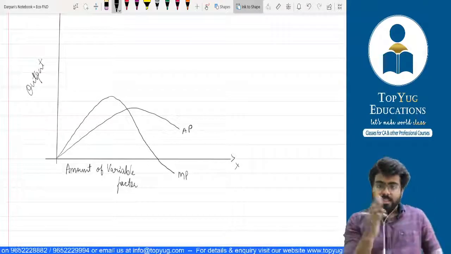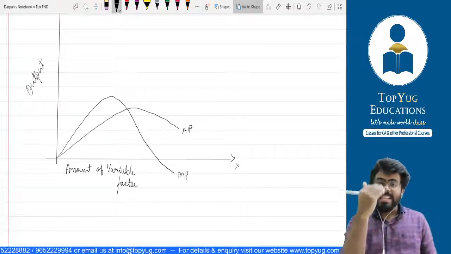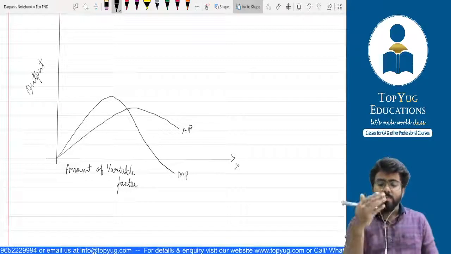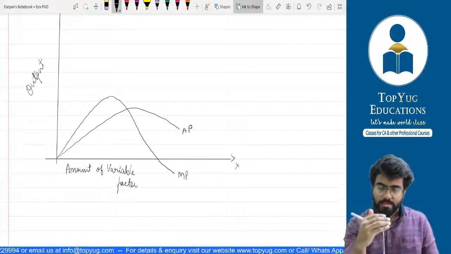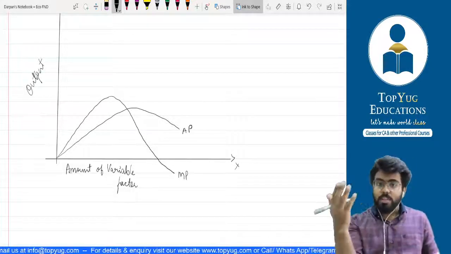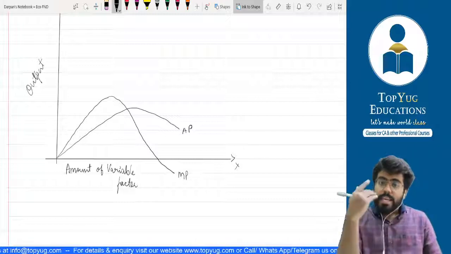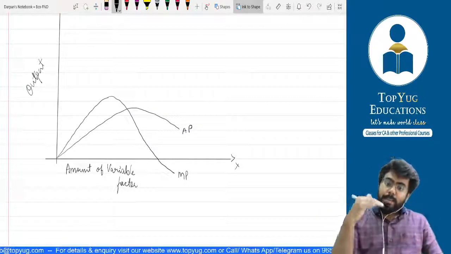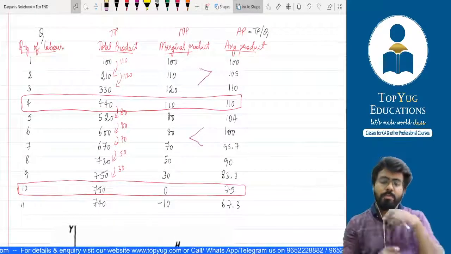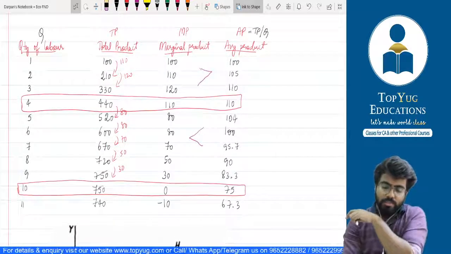It was increasing. When it was increasing, it is less than MP. You see in the graph, when AP was increasing, it is less than MP. But when AP started to decrease, AP became greater than MP. Correct? AP was greater than MP. That we showed in the table also and in the graph also.